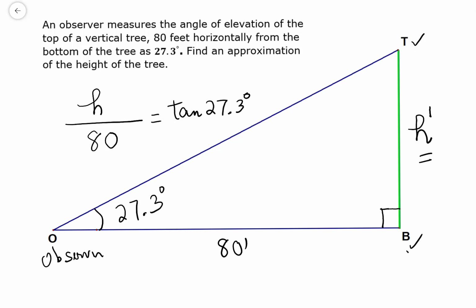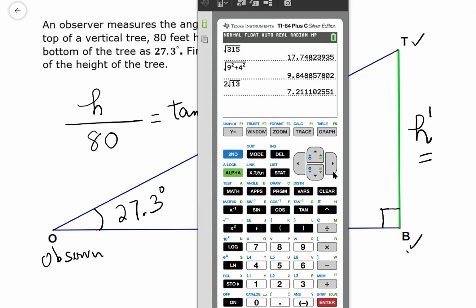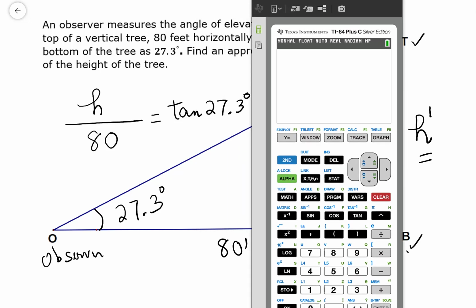Now, what we will do is calculate the tangent of this angle, which is given in degrees, by using our calculator. Once we do that, and again, our angle is in degrees, and the calculator has these functions, and this is the calculator that we are using in this course.